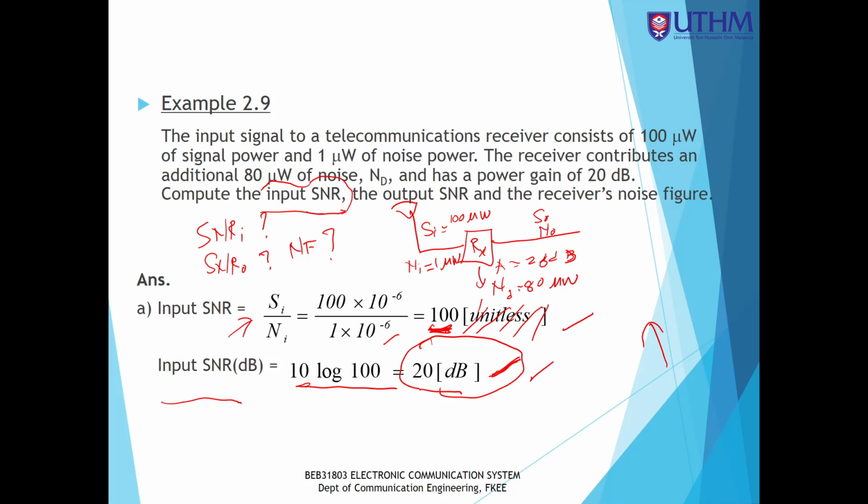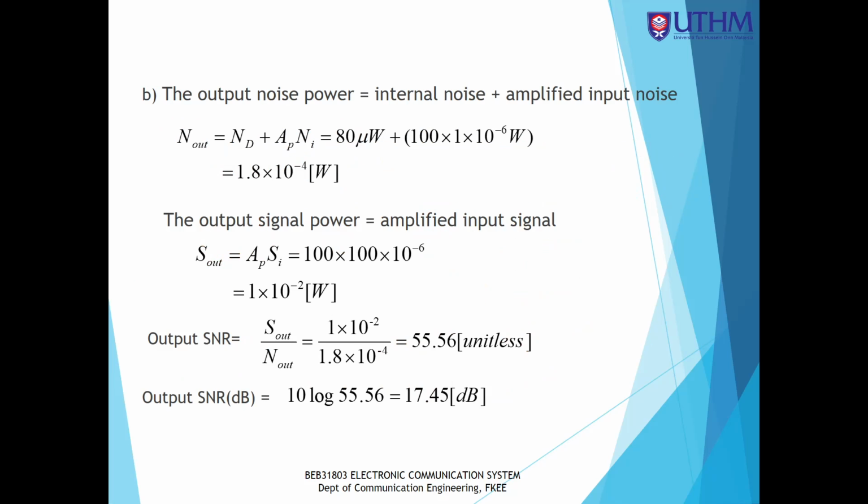And then soalan kedua, berapakah nilai SNR output? How much is the SNRO? So in order to find SNRO, you need to find SO, you need to find NO. Kalau saya cadangkan cari nilai SO terlebih dahulu, S out, iaitu gain multiplied with the input signal power.